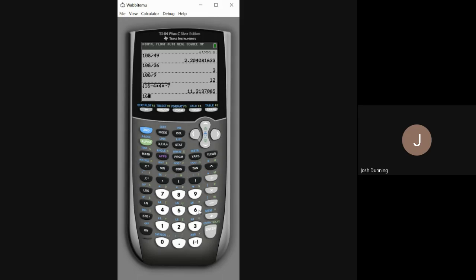We got to type just what's underneath the square root. 128. So now I'm going to go back.